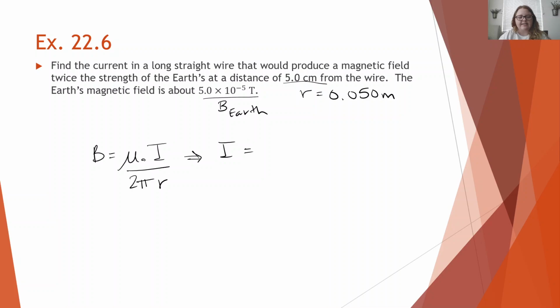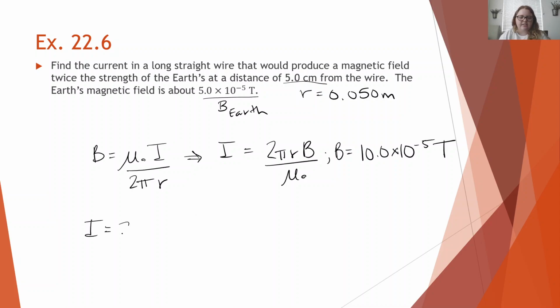So we have I is equal to 2 pi R times B divided by mu naught. Okay, B we should put is equal to 2 times this amount, so it would be 10.0 times 10 to the negative fifth.